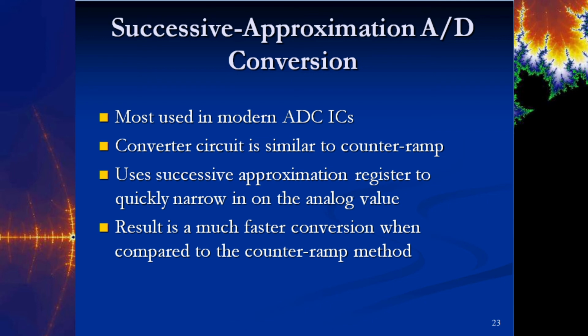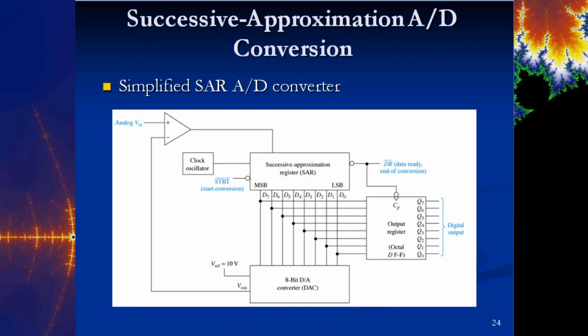The difference is this is a much, much faster conversion than the counter ramp. Part of the reason this is quicker is essentially it's just checking each one of these output registers one at a time, 8 bits at a time, and then checking internally to see if the first line is high.